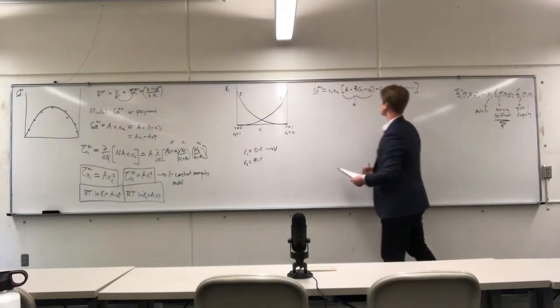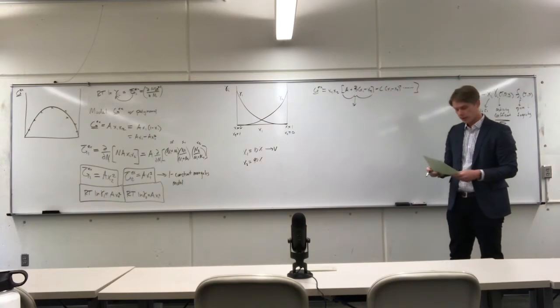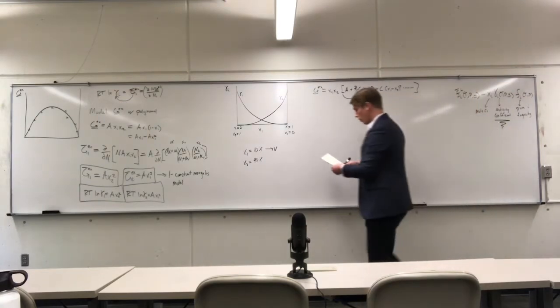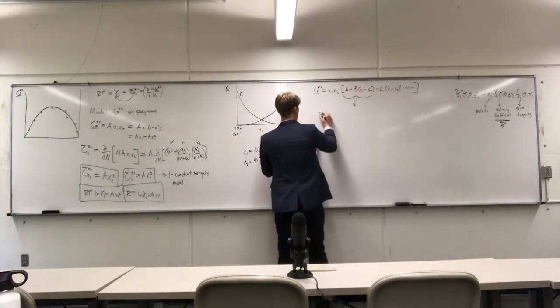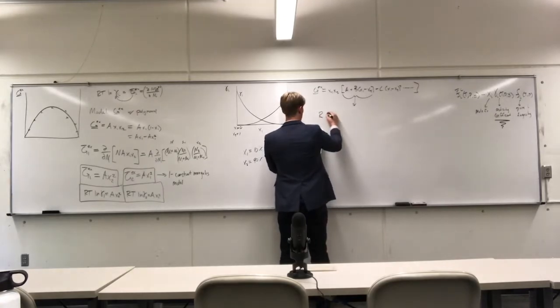If we just take the first 2 terms in the Redlich-Kister polynomial, we work out the same exact math, we'll come up with a 2-constant Margules expression.